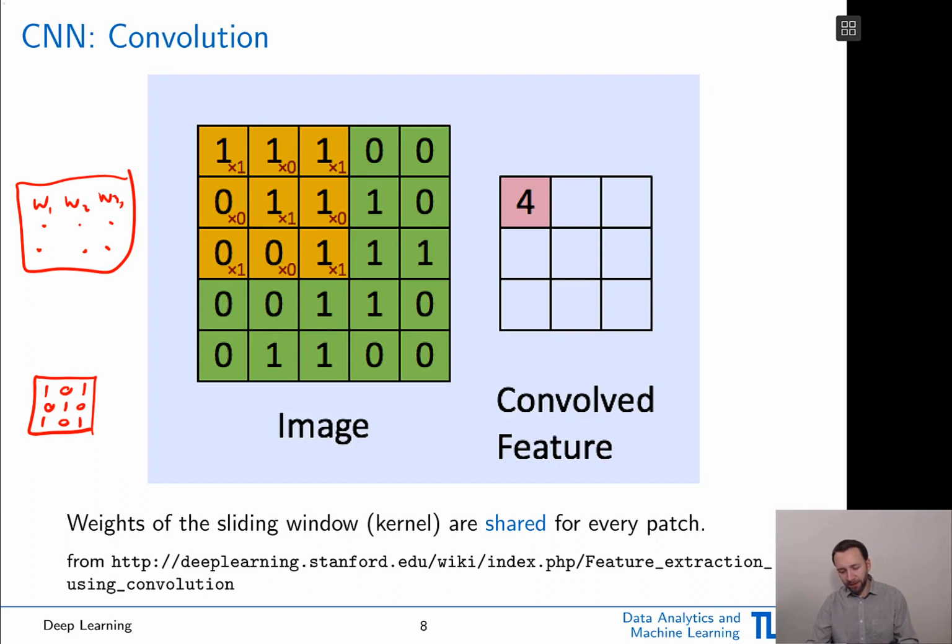Okay, and this is a nice homework for you. Think about this image, a 5 times 5 image, right? So 25 features in, and in this case 3 times 3, so 9 features out. 25 in, 9 out. Think about the fully connected neural network which exactly represents this convolution with these weights W1 to W9.